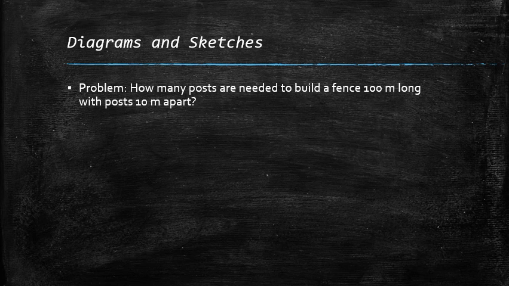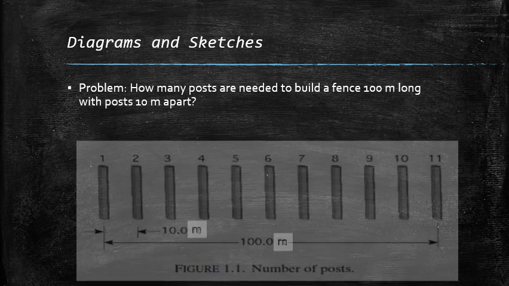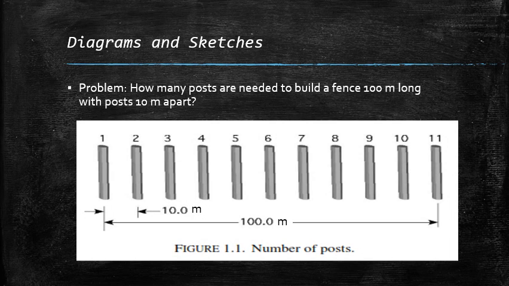But after we sketch the problem, we will find that we have the 100 meters here. It's a laser pen. This is 100 meters long, and let's put the first post, second, third.